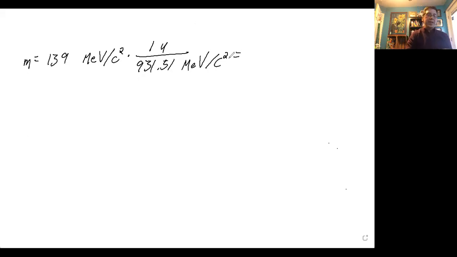So you're dividing the 139 by 931.51, and you get 0.149 mass units. So it's about 15% the mass of a proton or a neutron, basically.